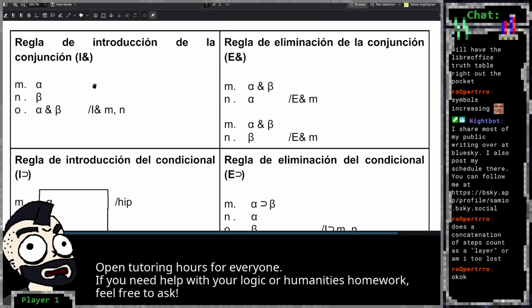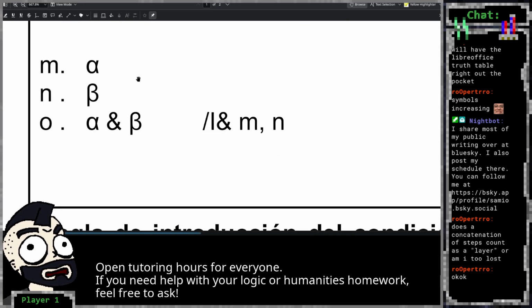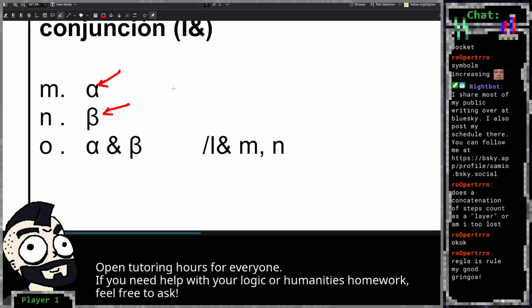Okay, so what does the rule of conjunction introduction tell us? If we have any two well-formed formulas, and, if it wasn't clear enough, here alpha and beta are variables for any well-formed formula of our language.